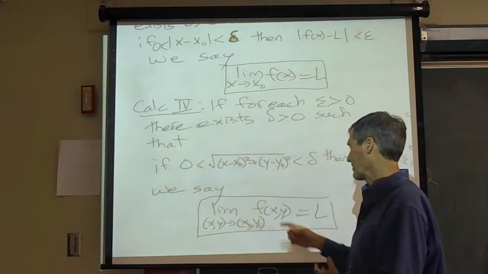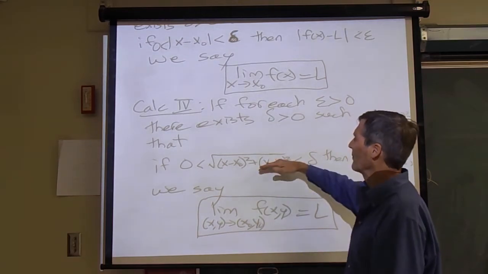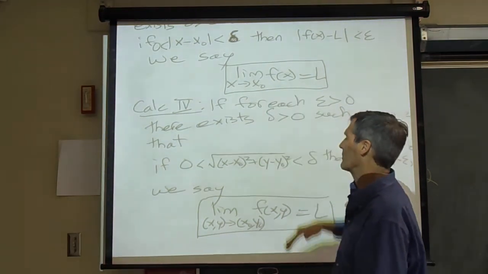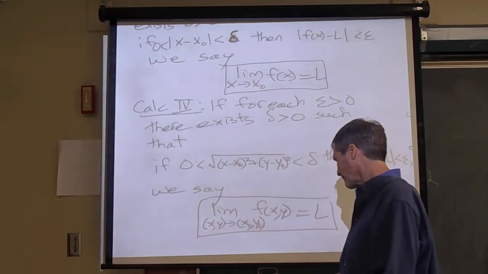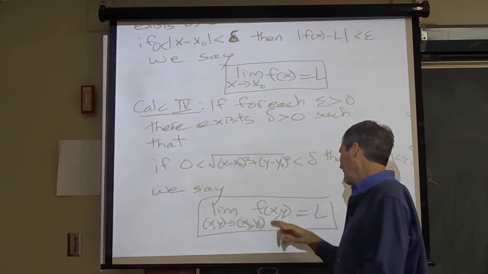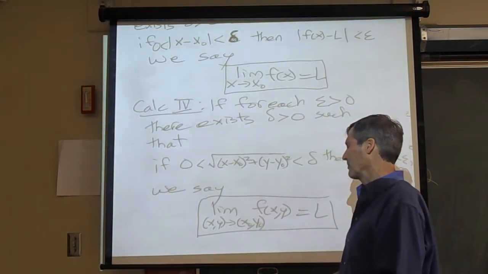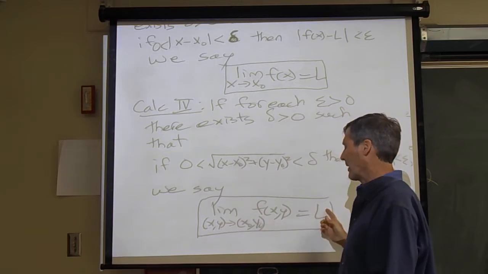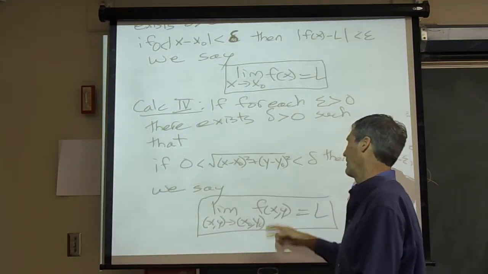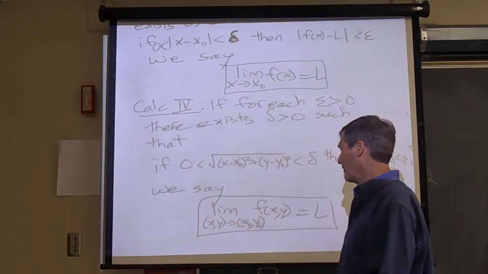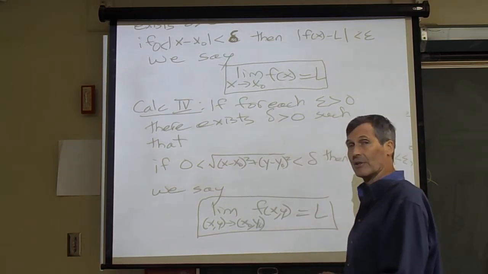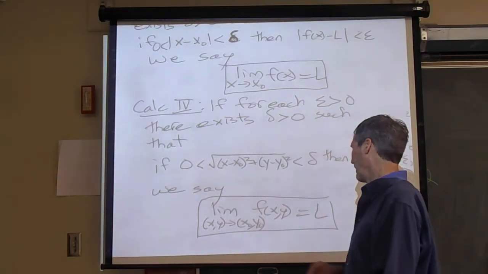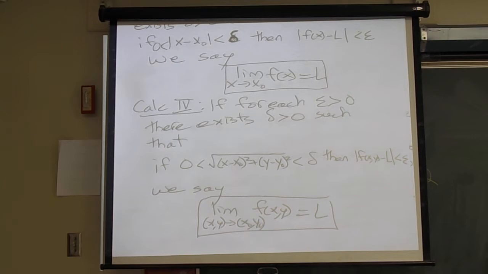So this is a pretty tricky concept, but it has a fairly straightforward definition, just like what you saw before. And it doesn't matter which way you approach, it turns out: if the limit is equal to L, then the limit along all the paths will also be equal to L, is what this definition encompasses. So this is an important definition right here.